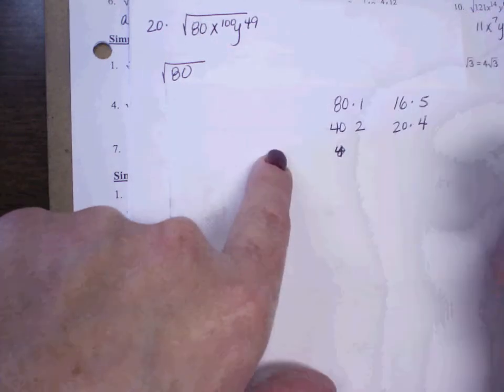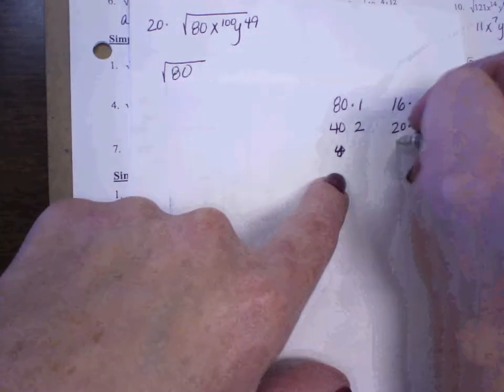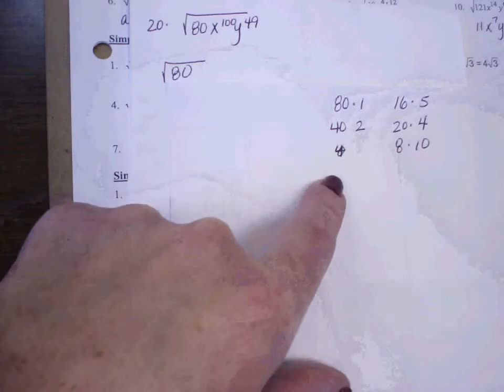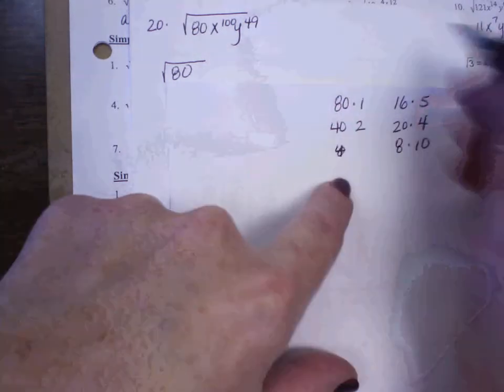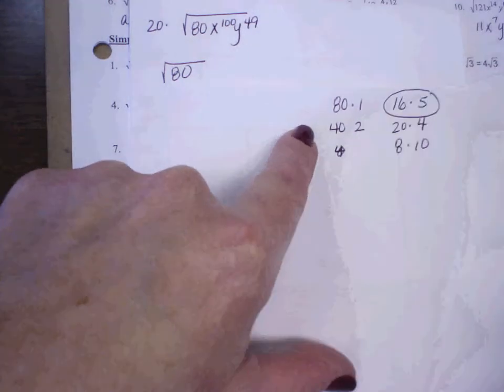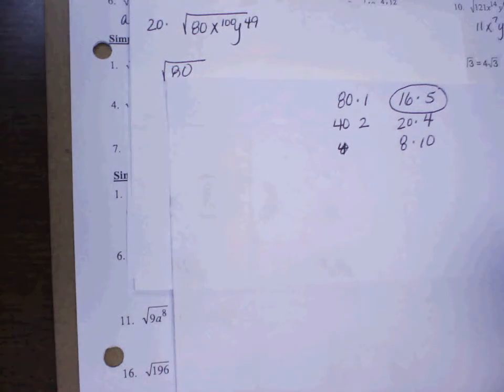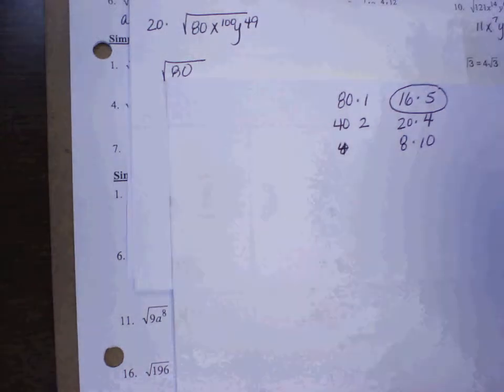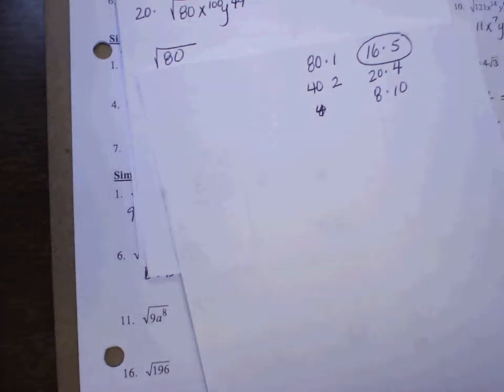40 times 2. 16 times 5. 20 times 4. 8 times 10. All right, I only see one perfect square. 16 times 5, right?